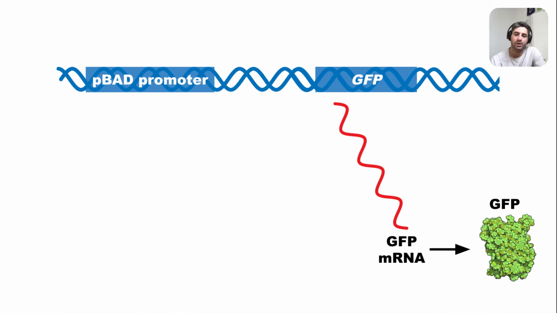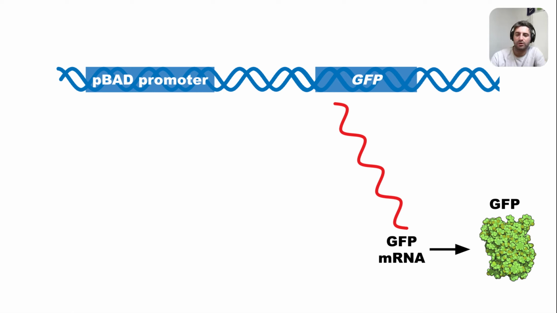So in this lab, what we did was we inserted a plasmid into the bacteria, and this plasmid was constructed specifically to allow us to control the regulation of a gene on that plasmid called the GFP gene. And the regulation of that expression was under the control of a pBAD promoter.